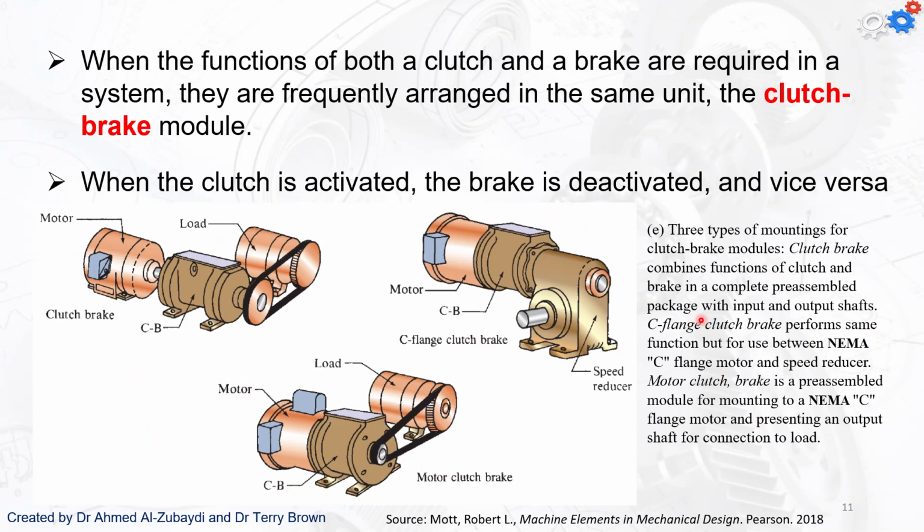All right, what else have we got here? Okay, so just some more details and more pictures of the clutch brake module, where you've got the clutch and the brake combined into one unit.